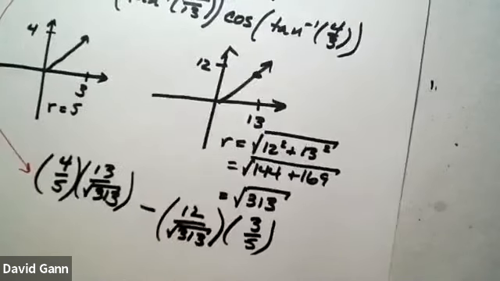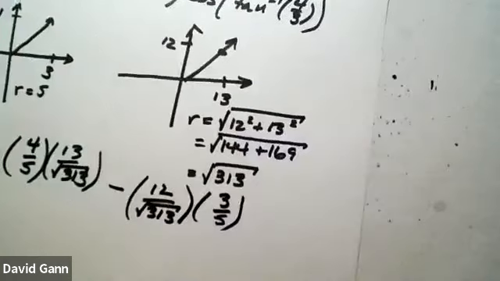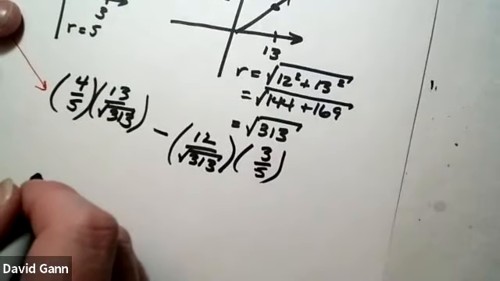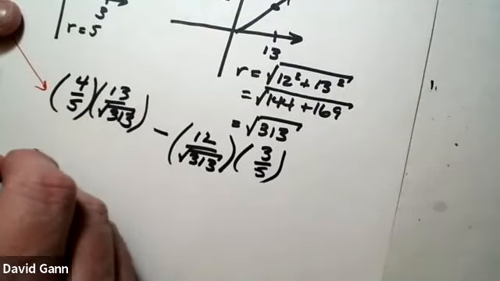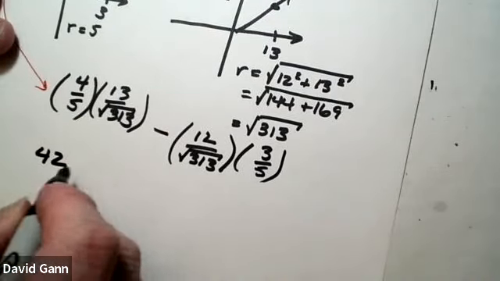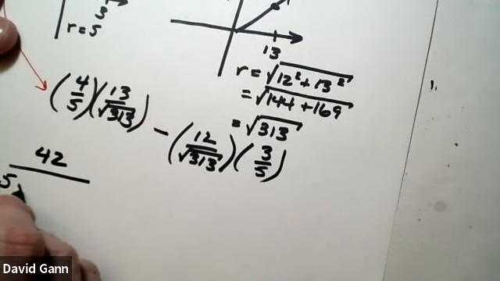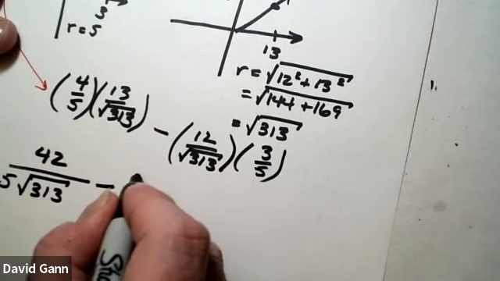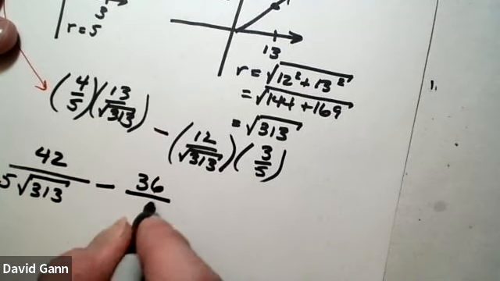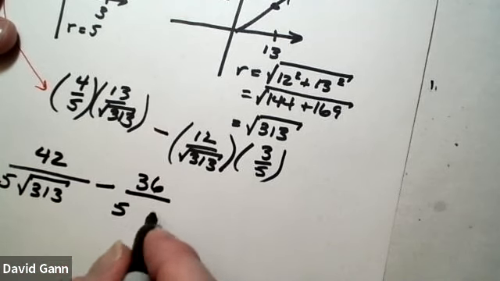Okay, so now we clean these things up, because this numerator is going to be 52 over 5 square root of 313 minus 36 over the same denominator.